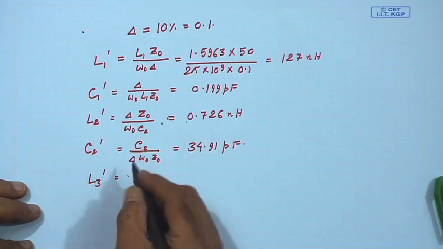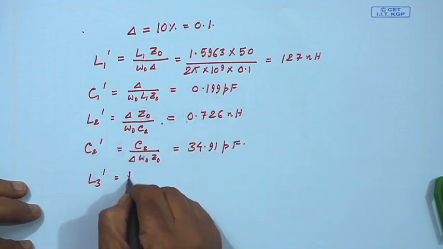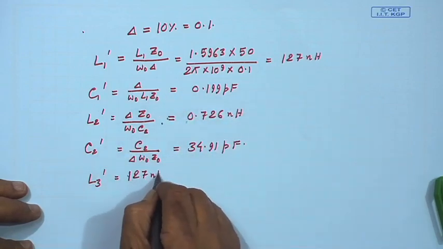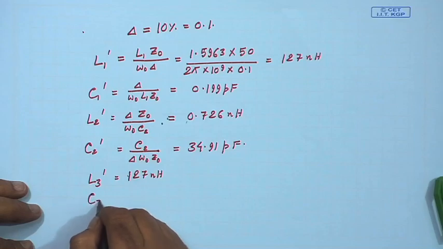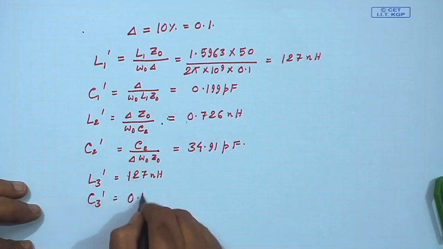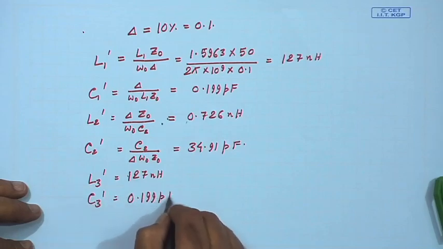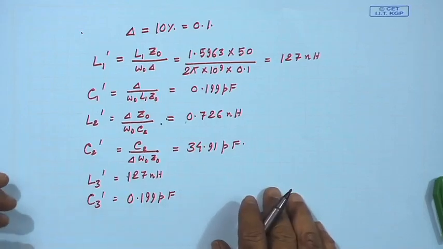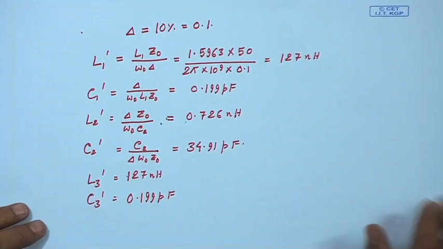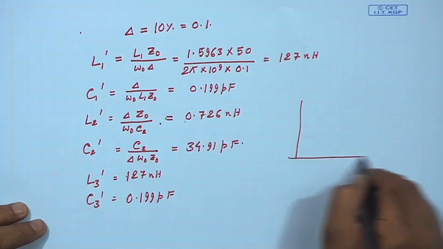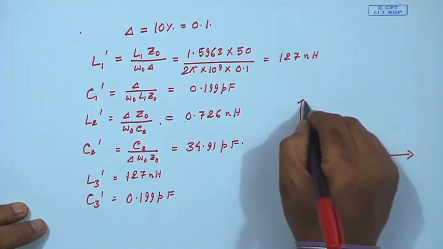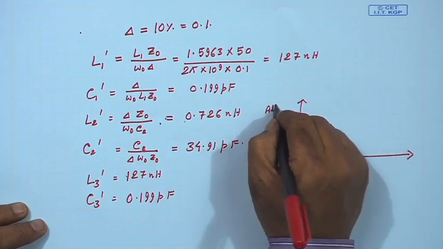Similarly, L3 dashed, it will be same as this, 127 nanohenry, and C3 dashed will be 0.199 picofarad.